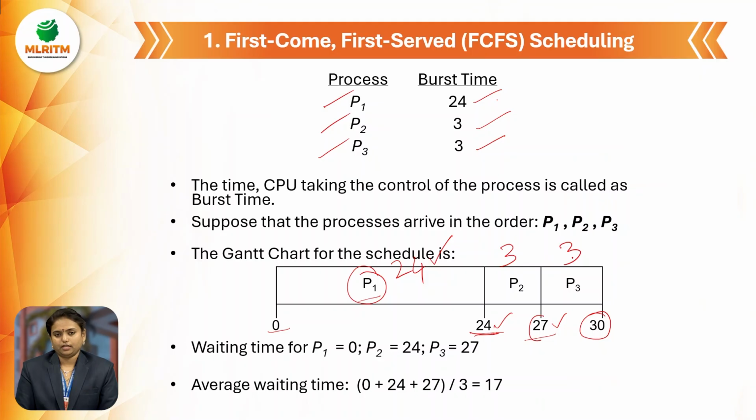How many processes are there? 3 processes. Divide by 3, and you get 17. So if we take the processes in the order P1, P2, P3, then the average waiting time is 17.